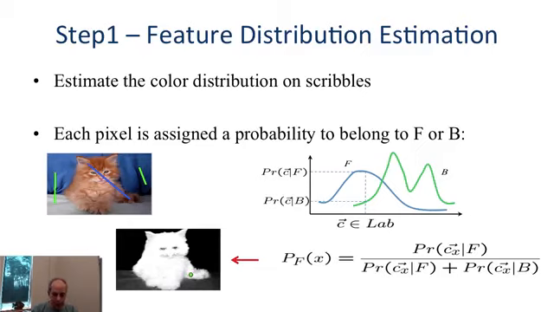Now, there's something interesting to observe here. The higher the value here, the more probability of being foreground based on what the user told us. So why do you think that these eyes are very dark, meaning they have very high probability of being background and very low probability of being foreground? That's because they're very dark.